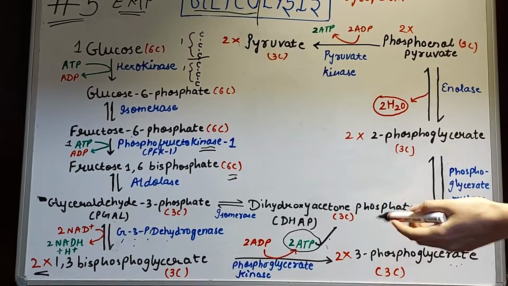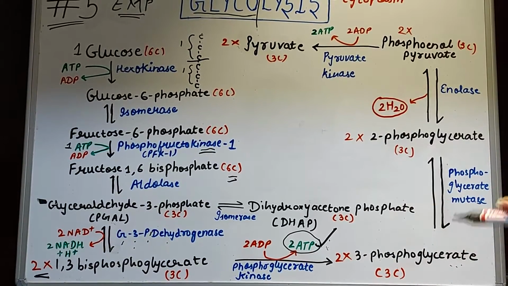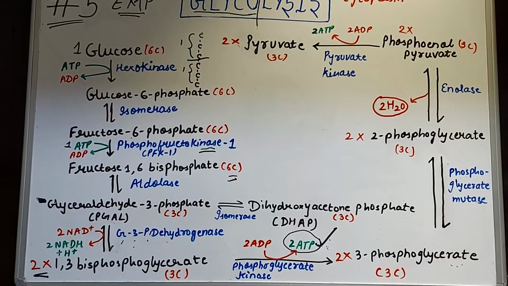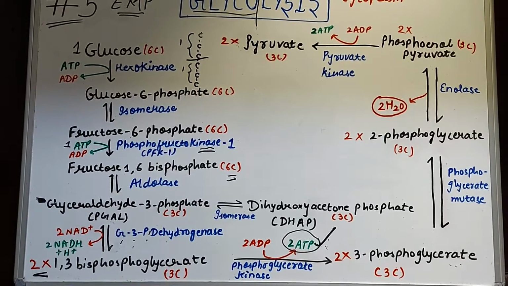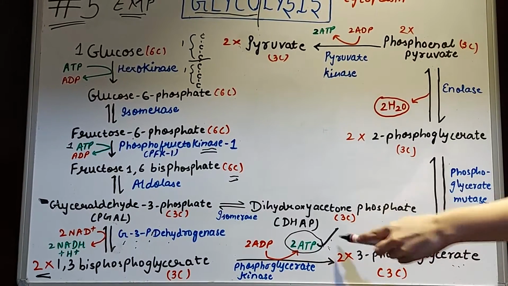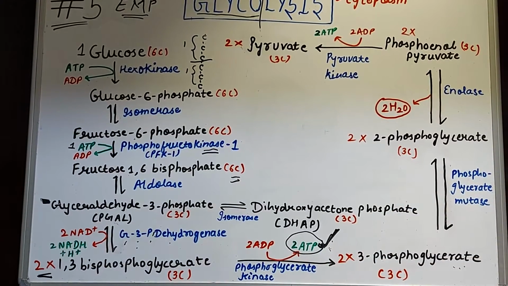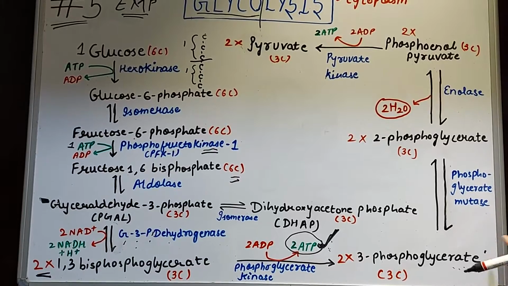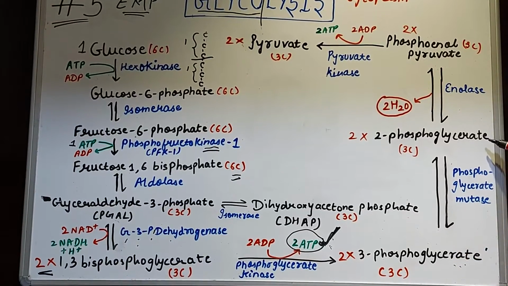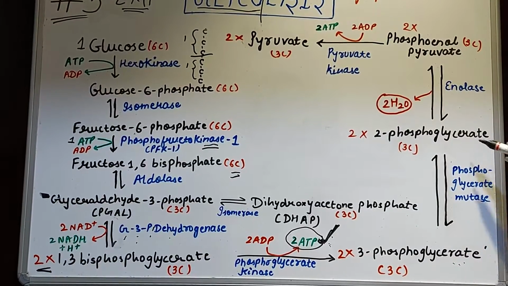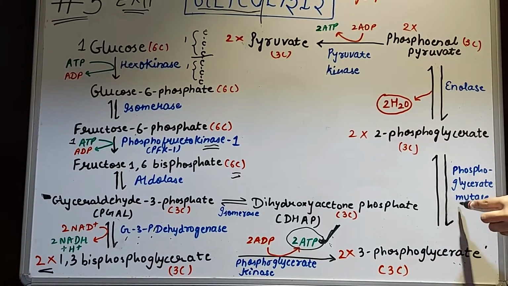This step is the conversion of 1,3-bisphosphoglycerate to 3-phosphoglycerate with the help of enzyme phosphoglycerate kinase, and here 2 molecules of ATP, energy, are generated.